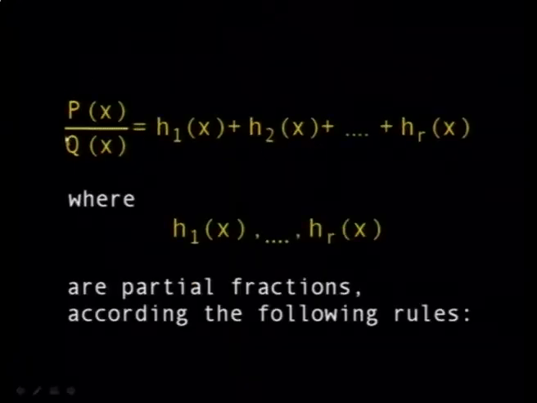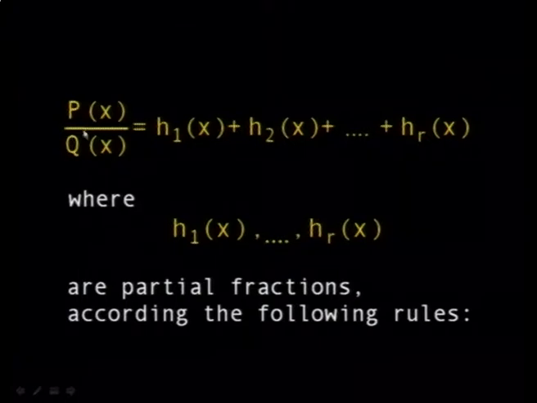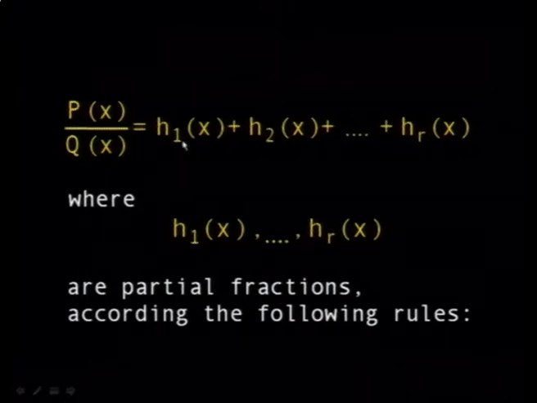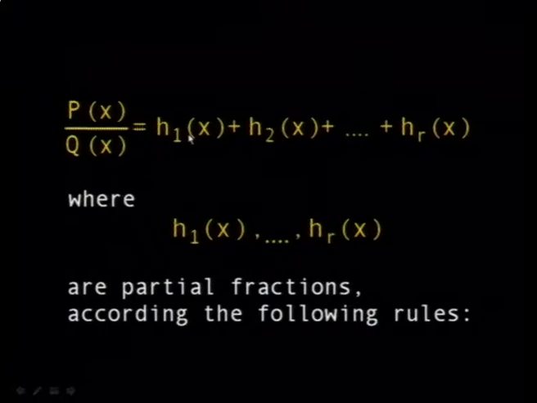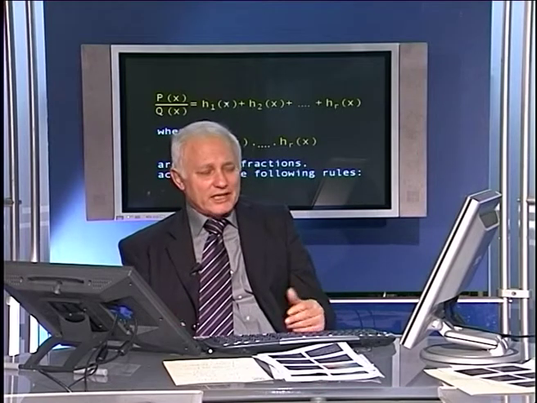Here it is. Now you start with your rational function, p of x over q of x, and you wish to decompose it into a sum of rational functions, h1 till hr. Each one of them is called a rational function as well, but with a denominator of degree less than q of x. In fact, it's a first degree polynomial, and therefore you can easily calculate its integral.